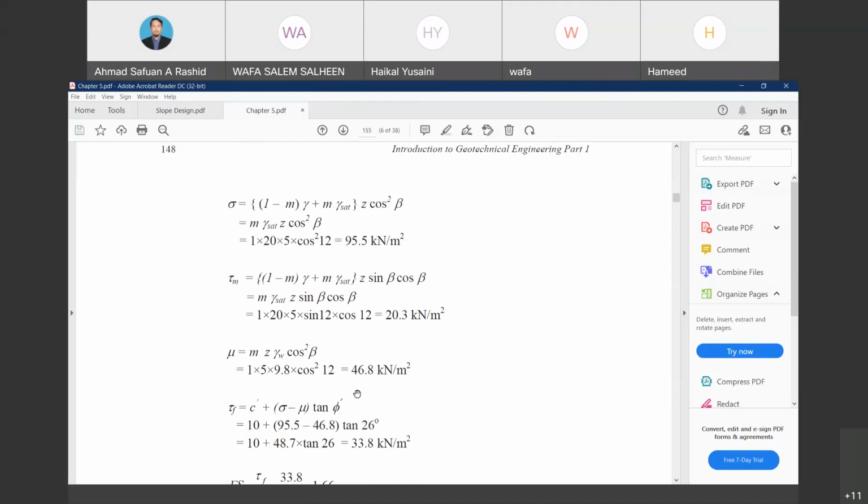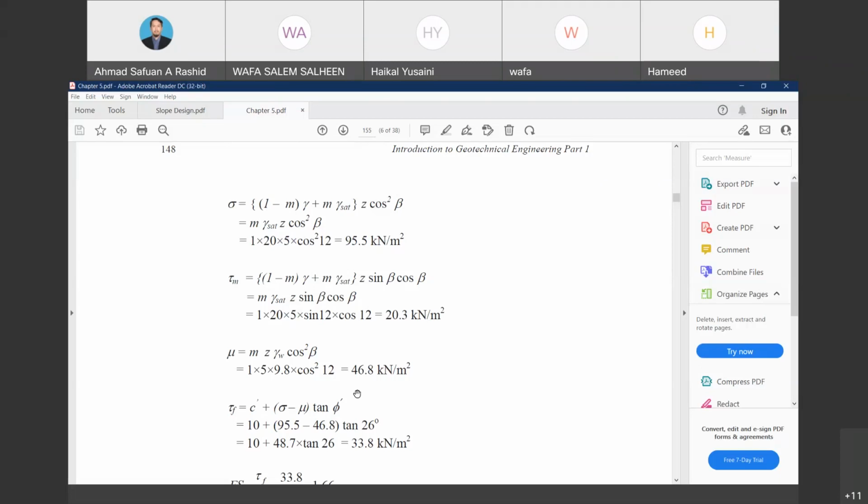The value of mu is 33.0. The last one is tau f, where C is equal to 30 plus sigma 90.4 minus 33.0 times tangent of phi equal to 20.